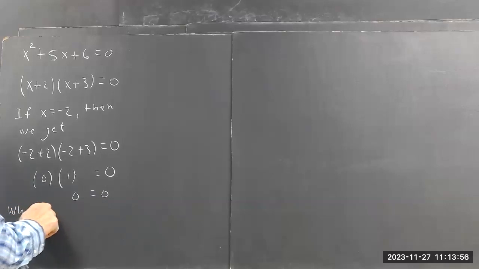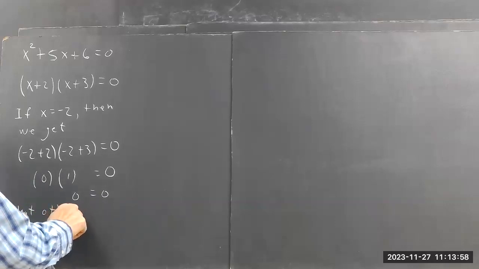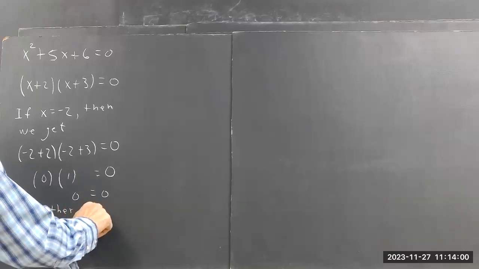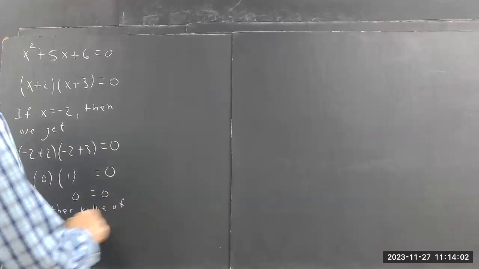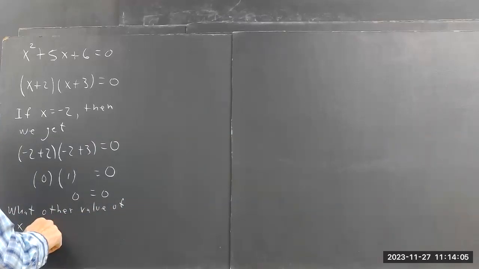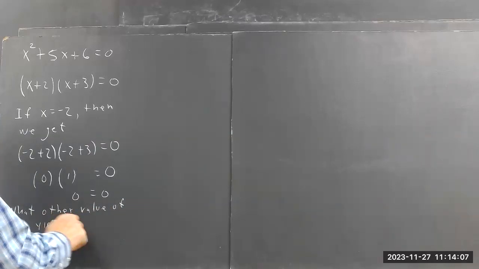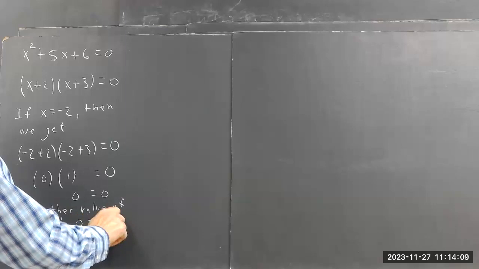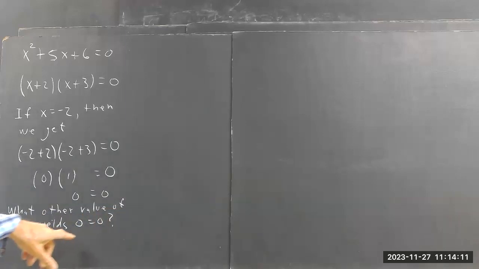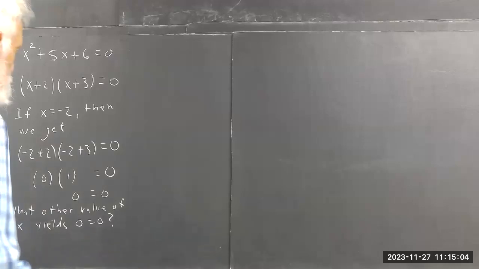So I said there were two numbers. What's the other one? What other value of x will yield the equation 0 equals 0? So what other value of x would be a solution? Okay, so we got an answer.